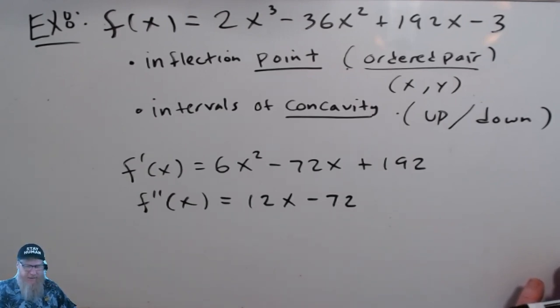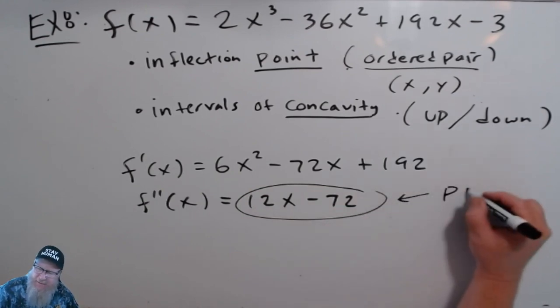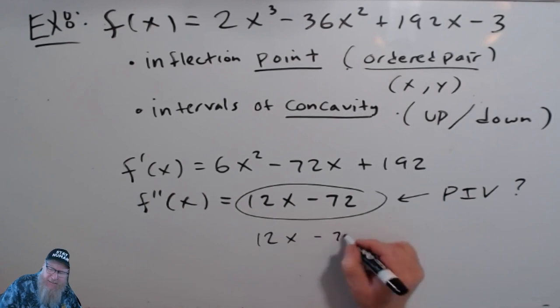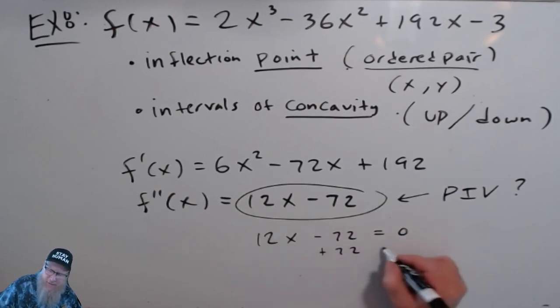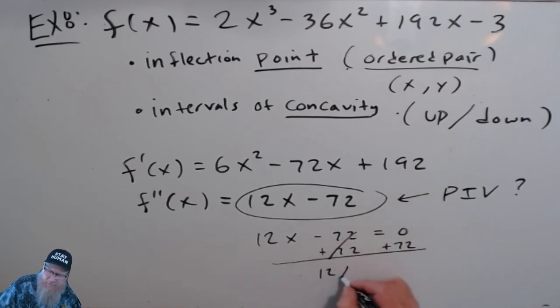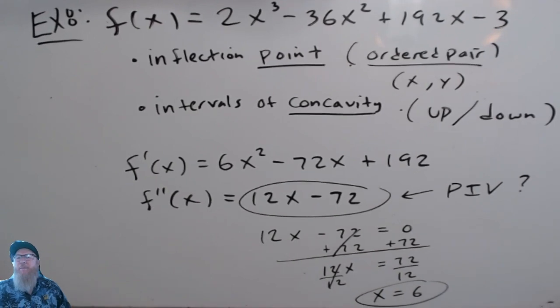All right. So now I'm going to look for the PIV. So solve that thing for x. I'm going to get 6. So that's my PIV, possible inflection value.